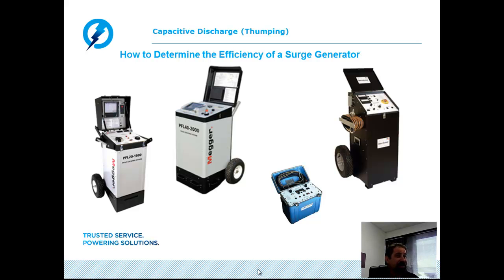The typical layout, is this a loop circuit? Is it a radial run? Is it a branch network? Again, these will answer questions as far as what is the overall total capacitive load being put on my surge generator. And performance of a surge generator is based upon its output voltage and its energy capability.